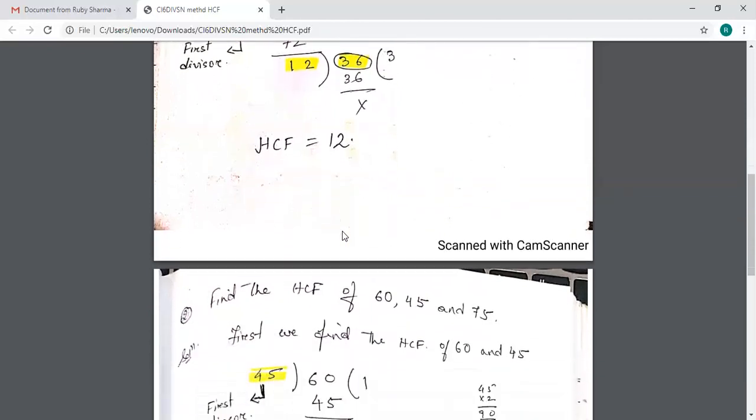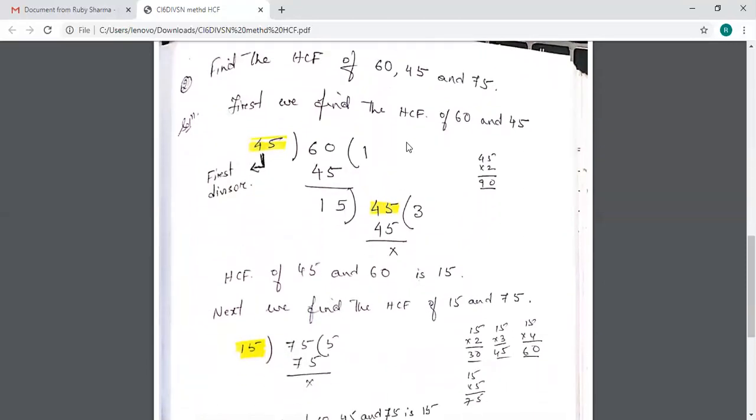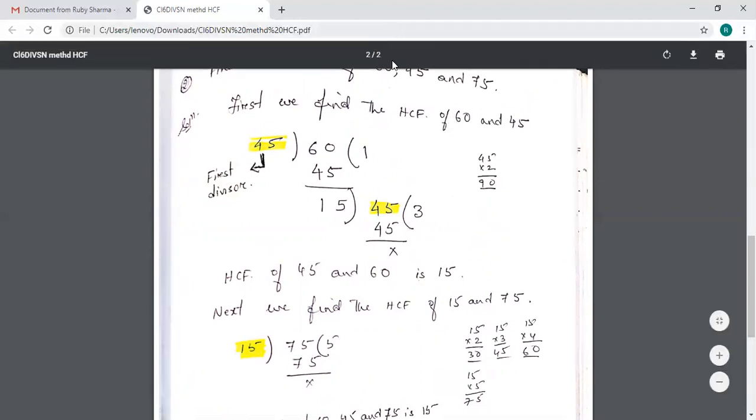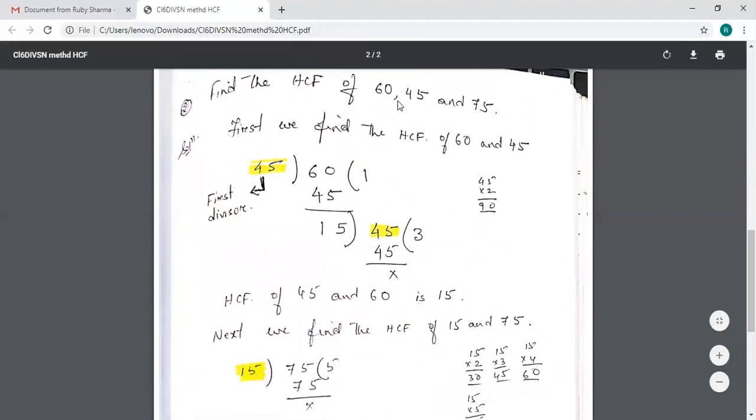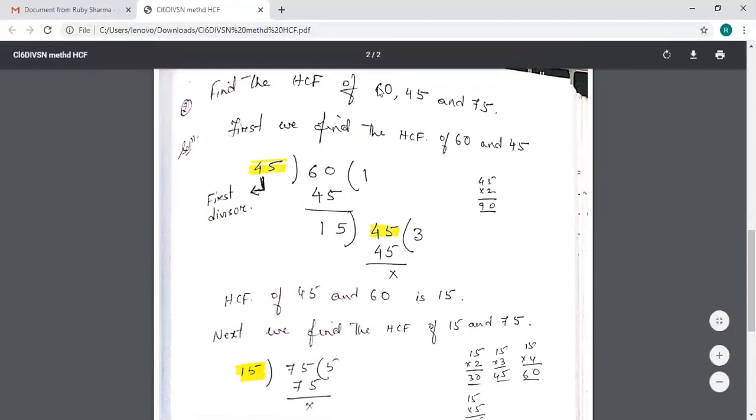Next, let us see another one. Find the HCF of 60, 45 and 75. So here first we will take two numbers. Okay. So actually you can take any two numbers here. It's not that you have to take the first two or the second two or whatever it is. You can take any two numbers from here. So I've taken 60 and 45.